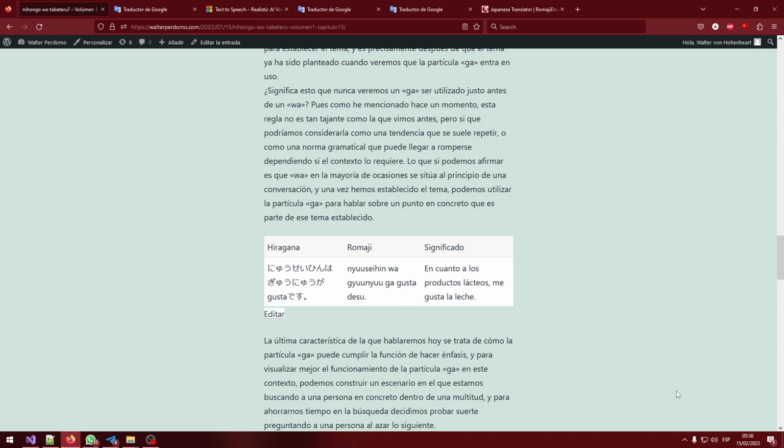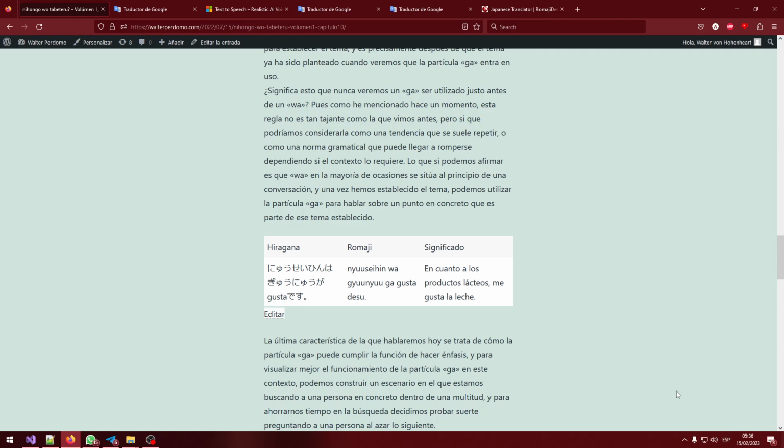Okay. Here's another. Now we can also use ga to emphasize something. So in the article we have the context where there's a crowd of people and someone, let's say Akari, is looking for us.